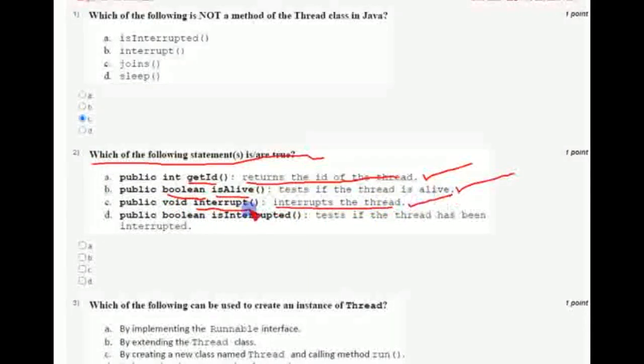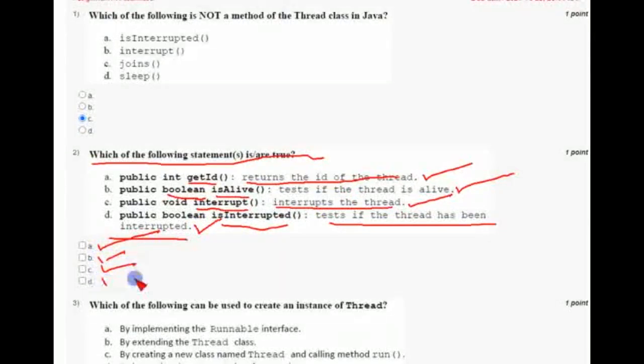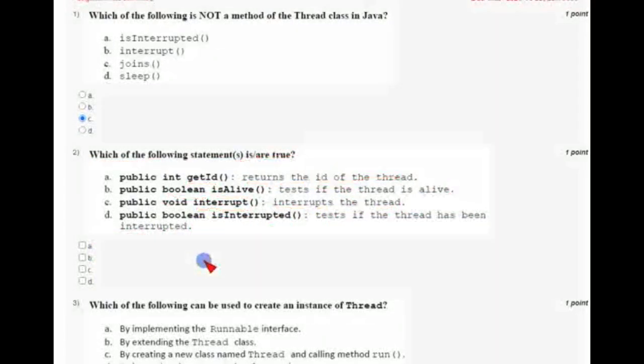And the last option is interrupted, which tests if the thread has been interrupted or not, so it is also correct. Options B and D are boolean values, so they give true or false. So by the way, all four options are correct, so mark A, B, C and also D as correct answers.